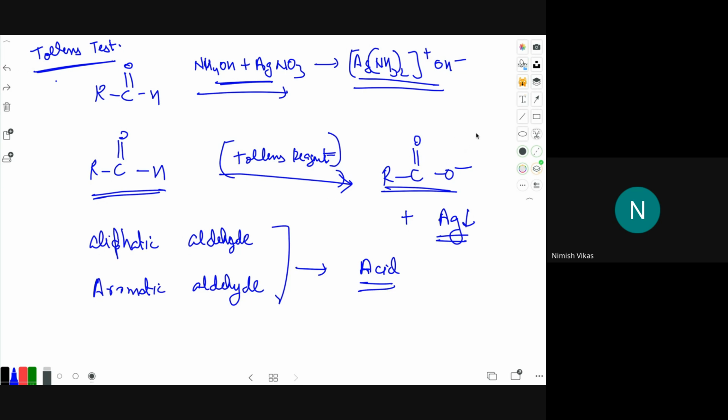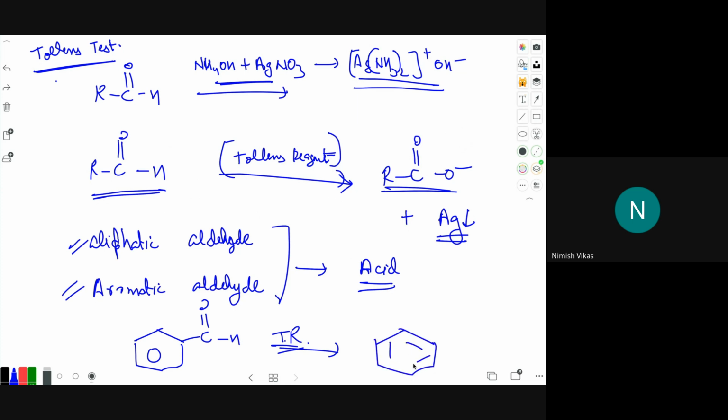Yes. So aliphatic aldehyde, aromatic aldehyde, for example, this would have been there, and you give Tollens' reagent, it will turn into this compound, the acid, and in the byproduct you get Ag. This is the silver that you will observe at the sides of the test tube when you do the experiment. Is that fine? Yes.